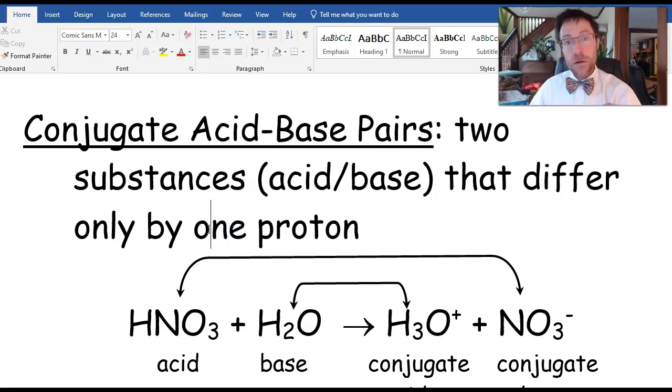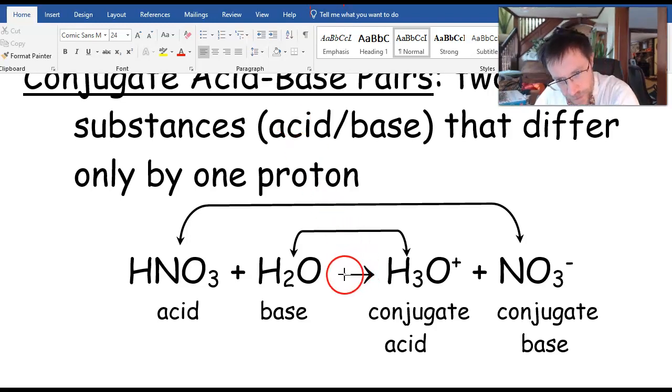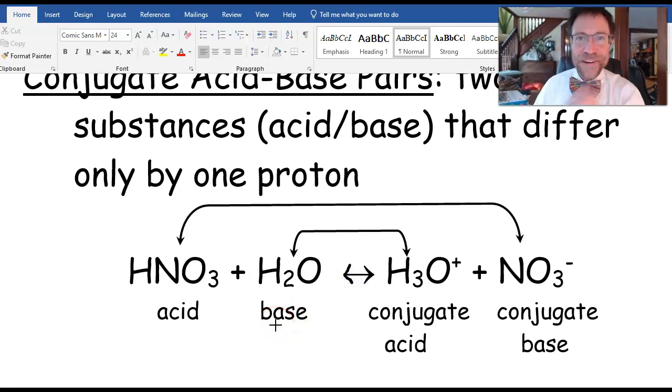So instead of just staying here, let's go look at an example, which is what this is. Here we see the HNO3. There, it's a system in equilibrium. Yeah, it's a system in equilibrium, okay?